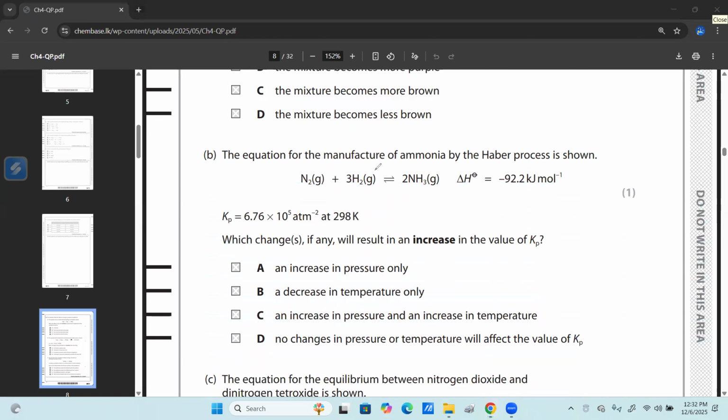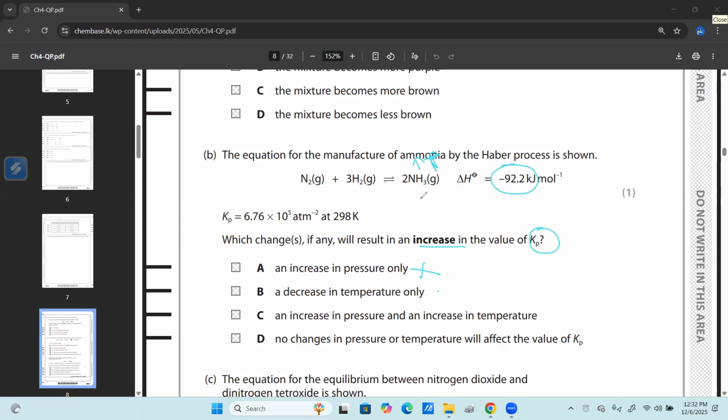The equation for the manufacture of ammonia by the Haber process is given. Which change, if any, will result in an increase of Kp value? So remember, children, you can change the Kp value only when you change the temperature, right? So pressure is wrong. When you decrease the temperature, it's correct, because in an exothermic reaction, more products form at a lower temperature.